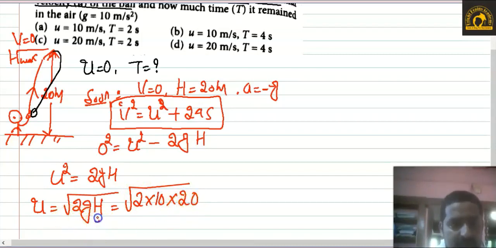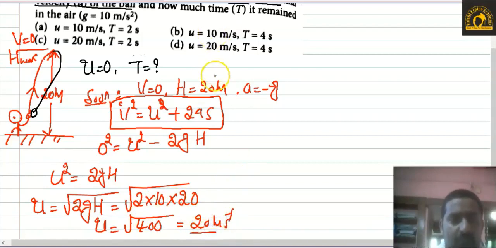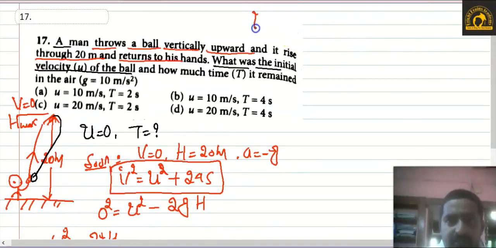So u is equal to the square root of 400, that is 20 meter per second. That is the initial velocity. Okay, so now I got the answer: the initial velocity is equal to 20 meter per second.